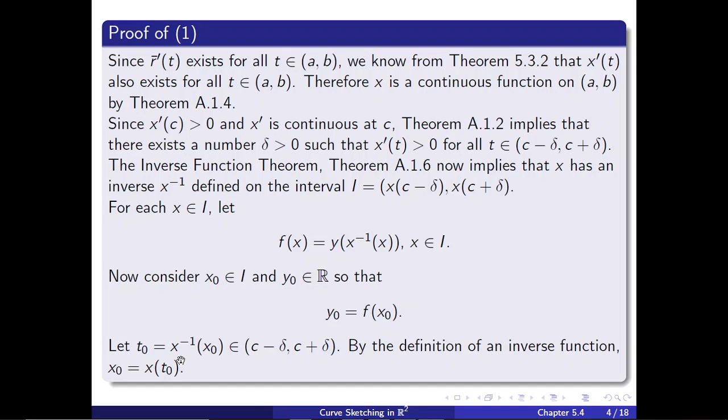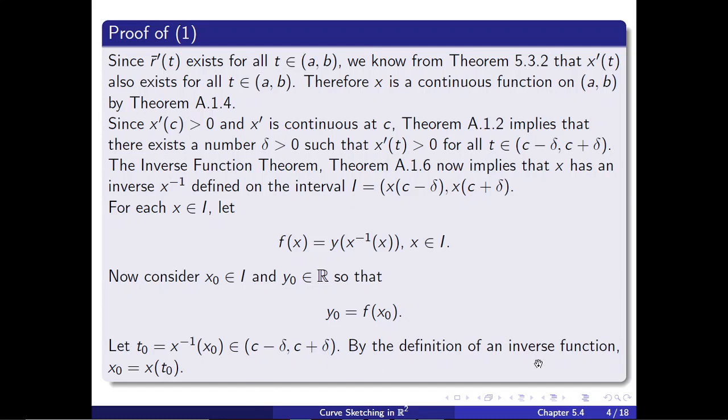So if you look at x inverse of x naught, because x naught is in the interval, you can put x inverse here, and then you are left with c minus delta, c plus delta, right? So x inverse times x will be the identity function. So therefore we are left with that.